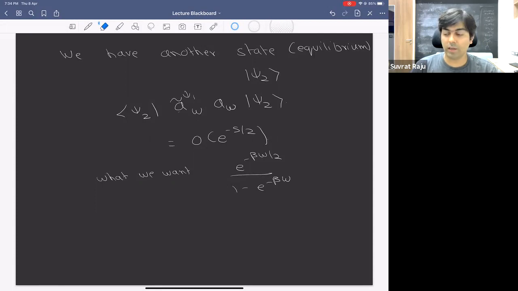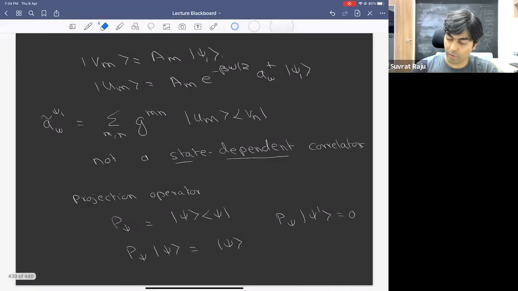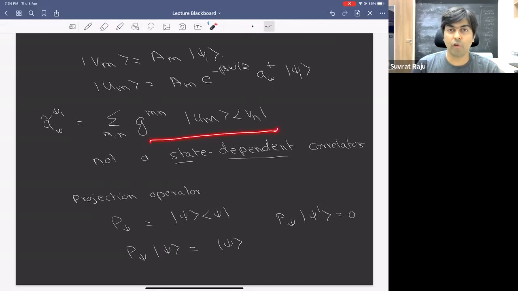Because you just look at the definition of the operators that you had here. This definition works for an operator in the little Hilbert space constructed around psi1. And it annihilates something that is orthogonal to the little Hilbert space constructed around psi1.